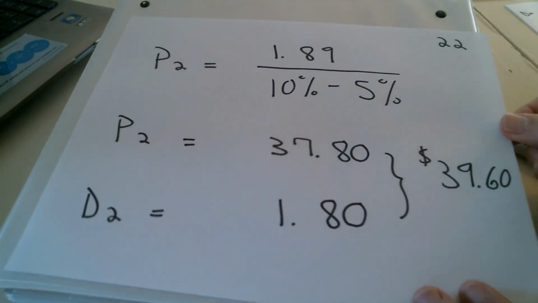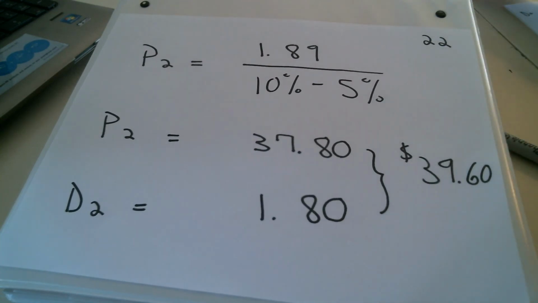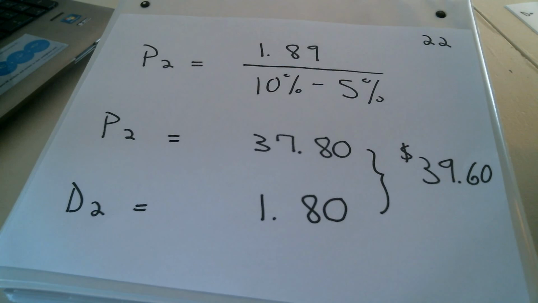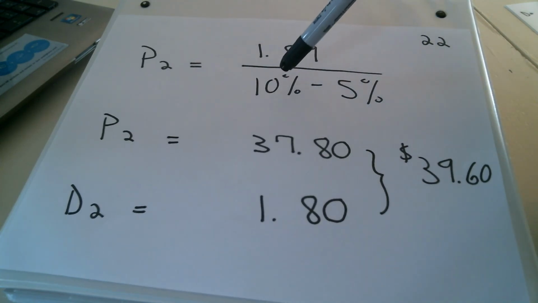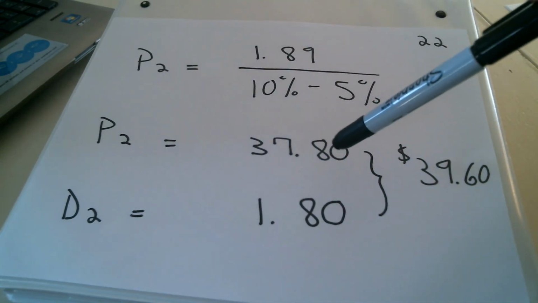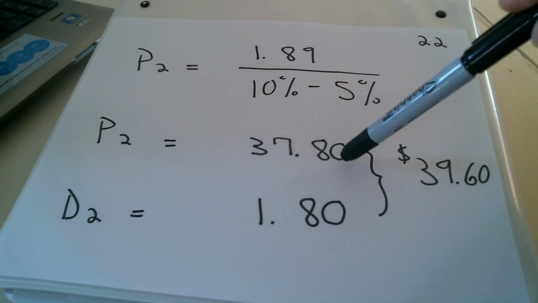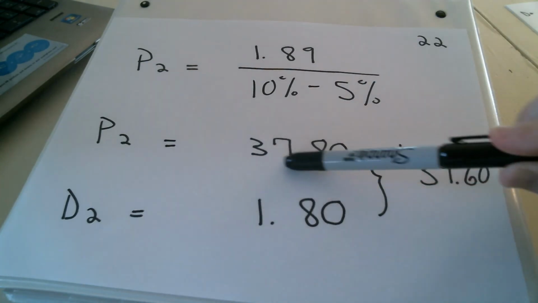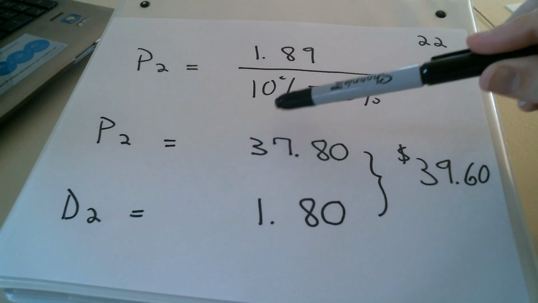So if we plug all that in, P2, the price, is the dividend, $1.89, over the required minus the growth. Figure all that out, and the price is $37.80.